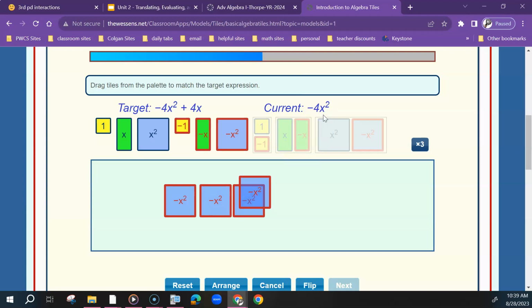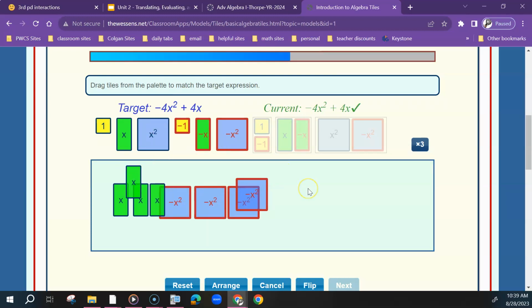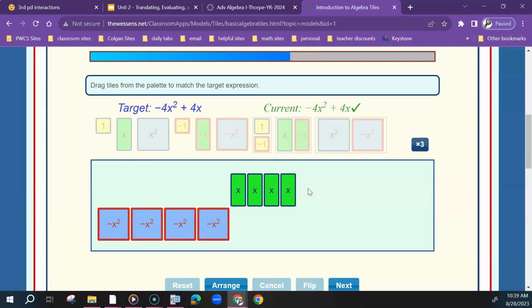Alright, and then the positive 4x. The rectangles. 4 rectangles. 4 green positive rectangles. Good. So if you have 4 red big squares and 4 green rectangles, you got that right.